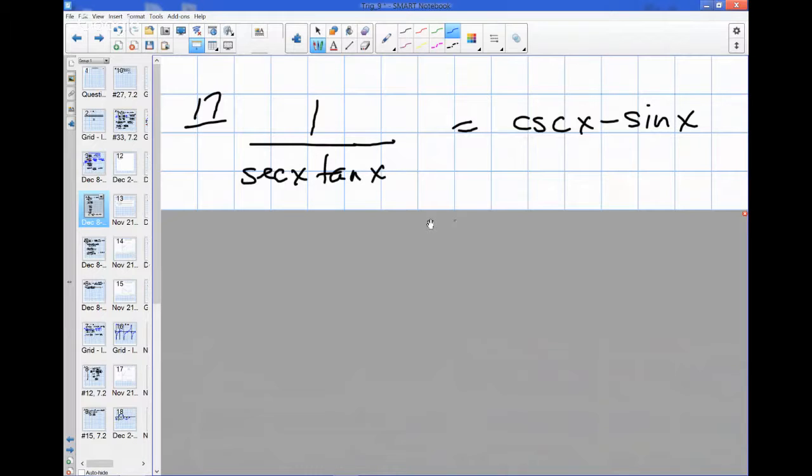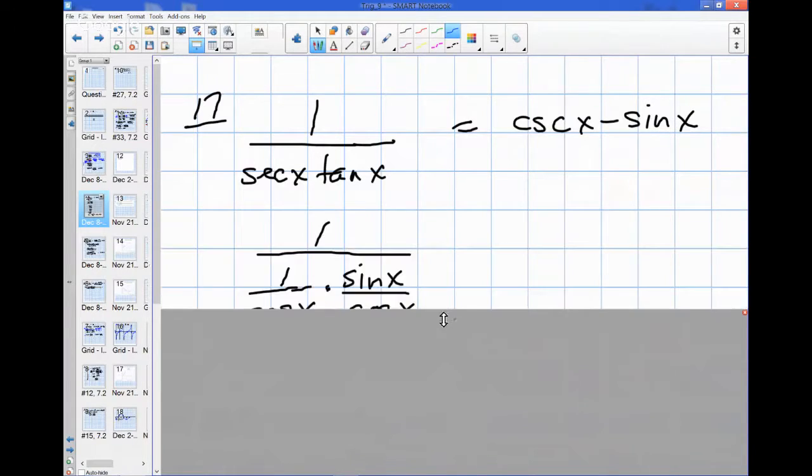So when you don't know what you're doing, one thing you can do is turn everything on the side you're going to work on into sine and/or cosine. Okay, so secant, can we turn that into cosine? Yeah, that's 1 over cosine. Tangent, can we turn that into sine and cosine? Oh yeah, that's sine over cosine. So that's the mentality.